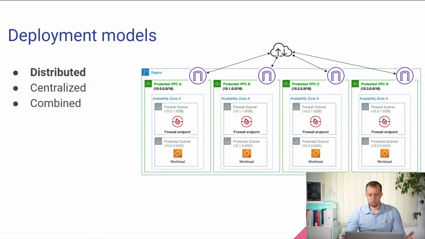So each VPC is protected individually, which enables us to manage those parts of the network independently, which reduces the possibility of misconfiguration, and it enables us to have VPCs that have their own network firewall rules.